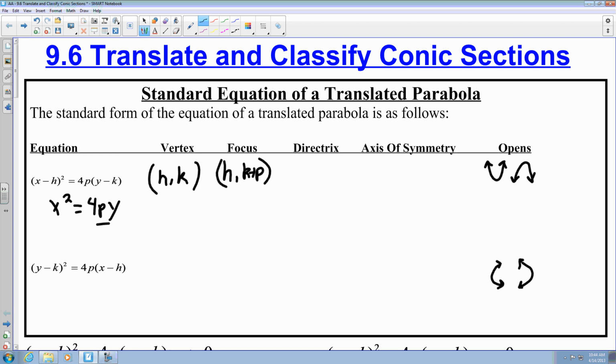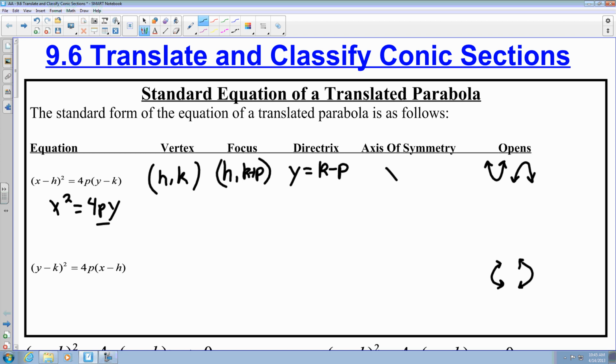Our directrix here is going to be y equals, and before it was negative p, well, this one's just going to be k minus p. The axis of symmetry, beforehand, was at x equals 0.